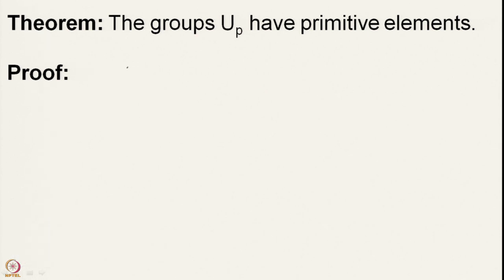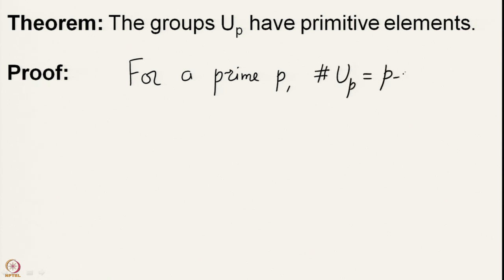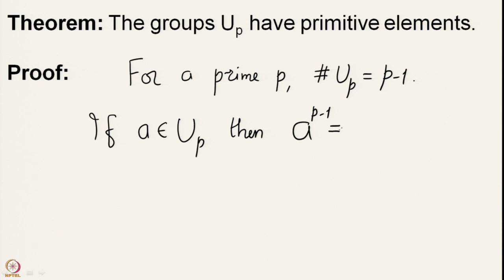So, we observe first of all that for a prime p, the cardinality of Up is p minus 1, and we already know that Up, being Zp cross, is a group under multiplication, and if you take any element, then the p minus 1th power will always give you 1.